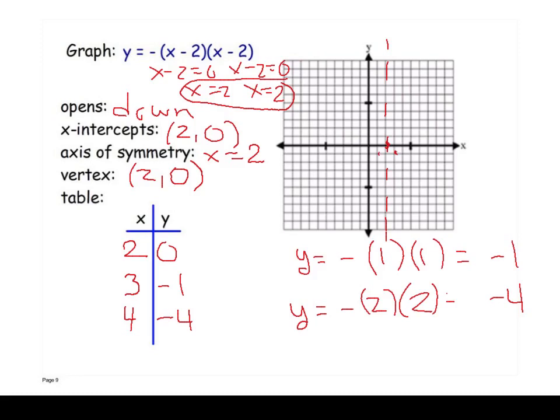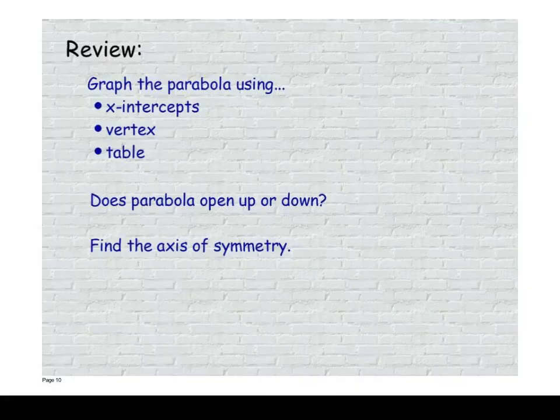Then I have the point (4, -4), and that's located here. And again, that's 2 to the right, so I'll just plot this point 2 to the left. And so now I have enough points that I can plot my graph. And my parabola is going to look like this. Notice that my graph opened down and that it is a relatively standard thickness.